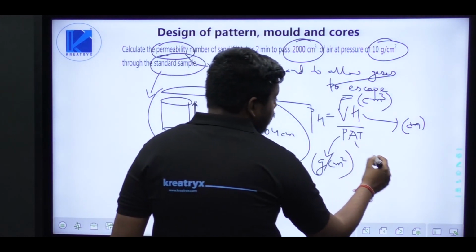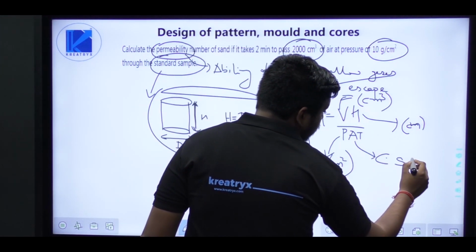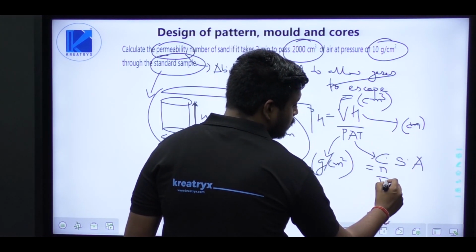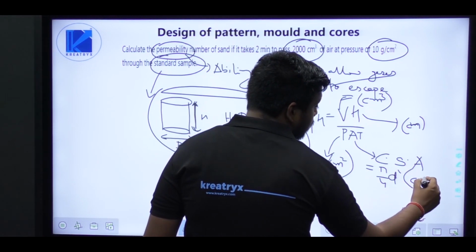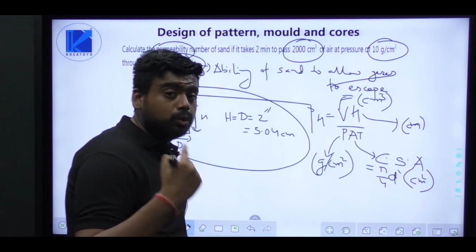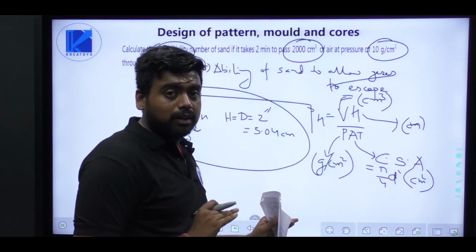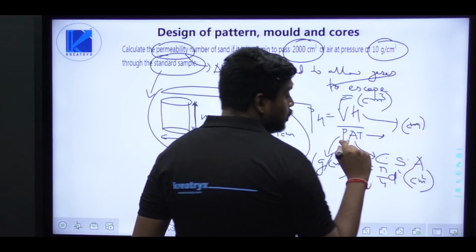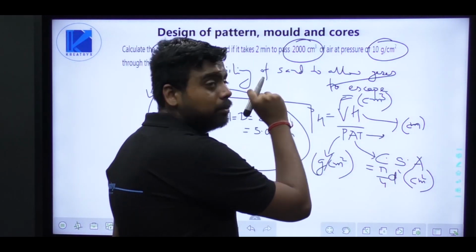A is the cross sectional area. It is not the surface area. It is the cross sectional area, and in this case it is pi by 4 d square, and this should again be in centimeter square. So do remember these things, very important. If you don't remember these things, you might commit a mistake. And T is the time required for that gas to pass through at that particular pressure.